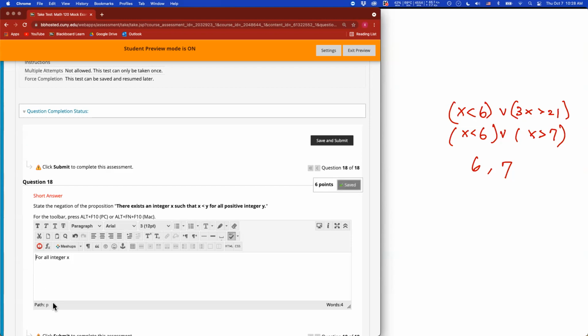So if you look at the original statement, you have there exists x, and then for all y, x less than y. Now to negate it, this is the original statement.